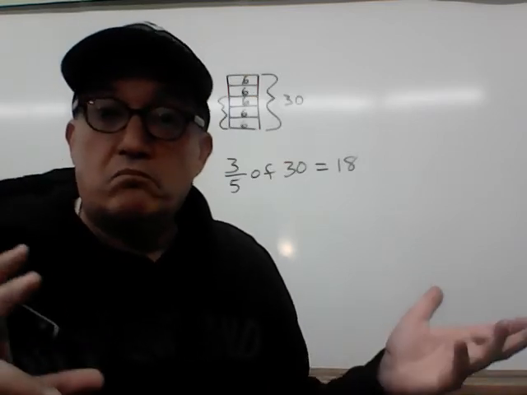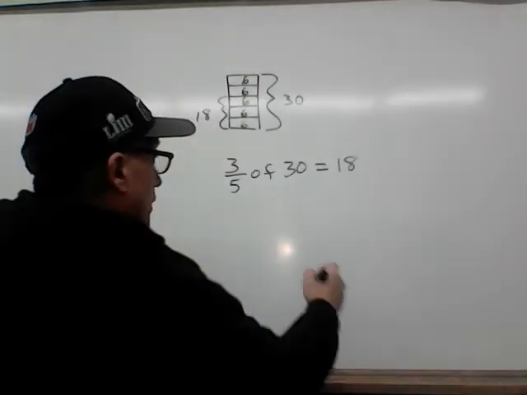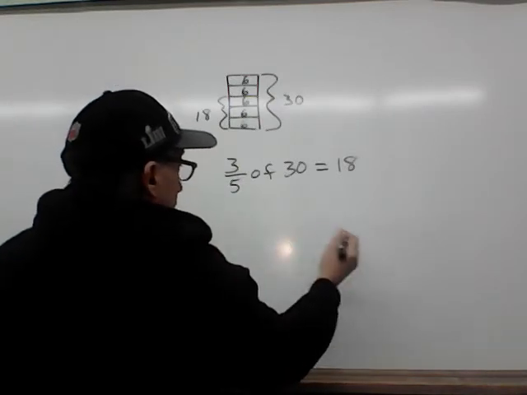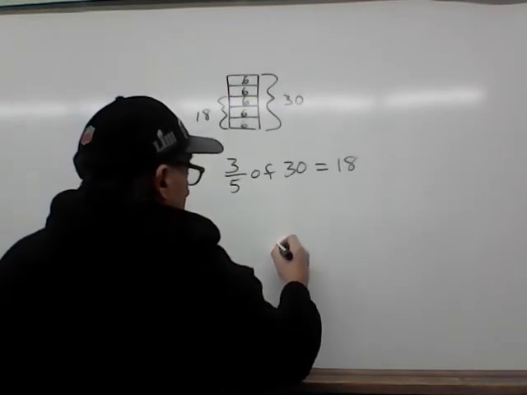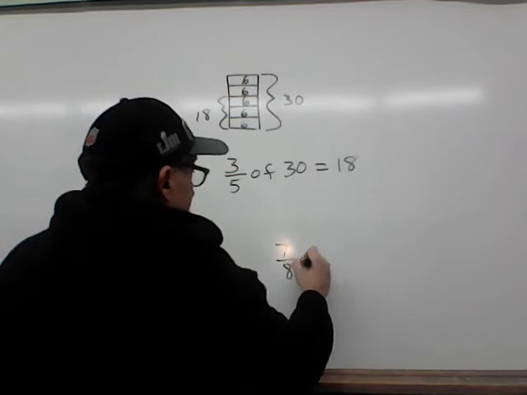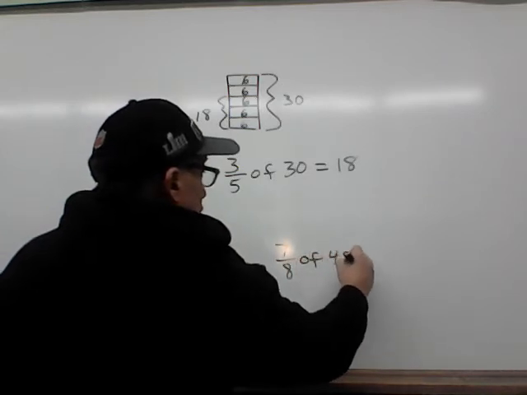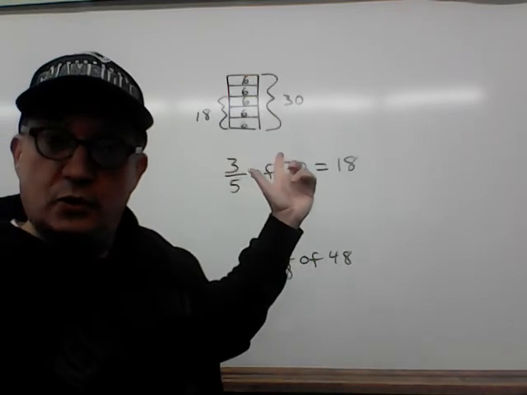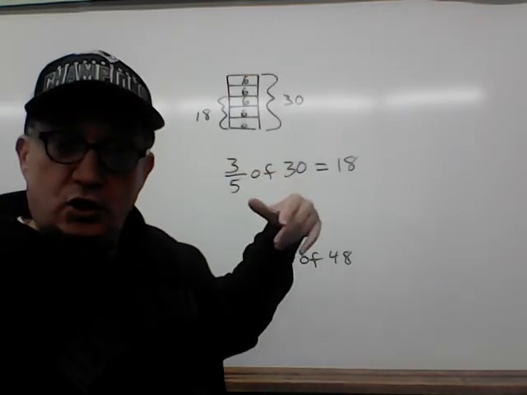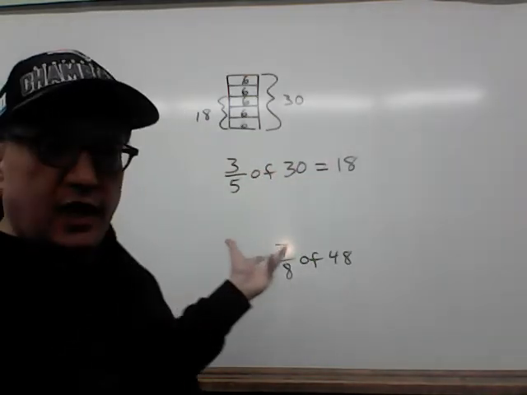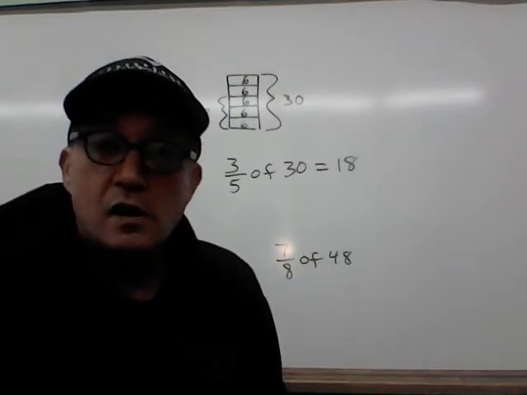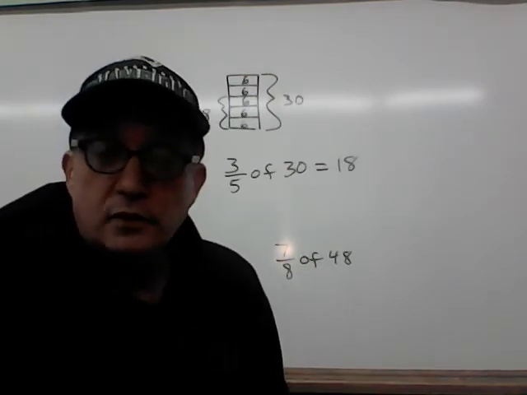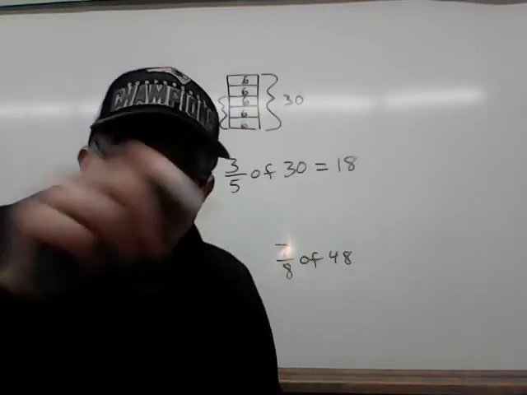Like, I might say, how about 7/8 of 48? Could you construct one of these rectangular models similar to what I just did and show what 7/8 of 48 is? Why don't you try it? You can show it to me after you watch this video.